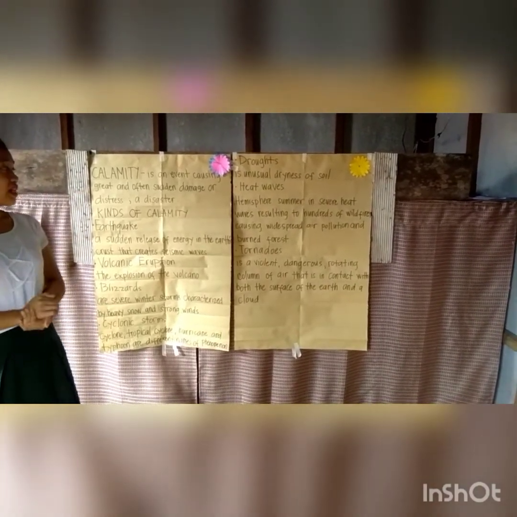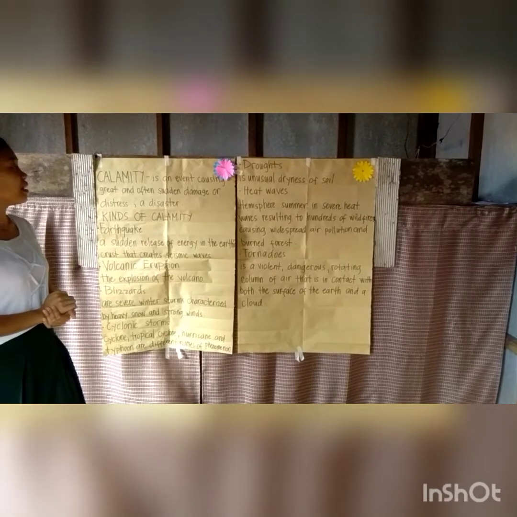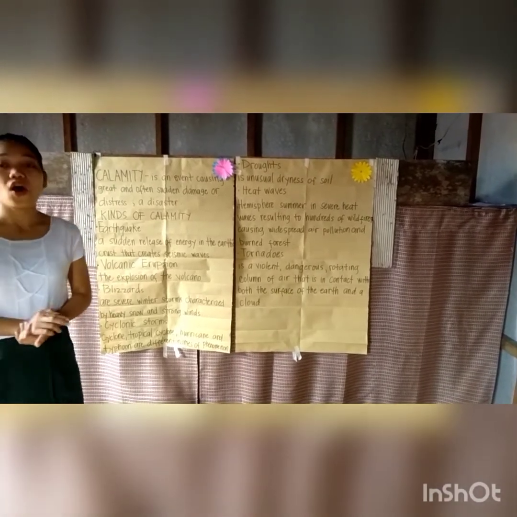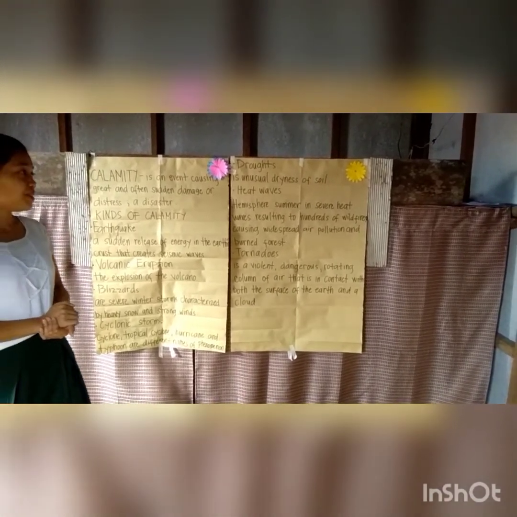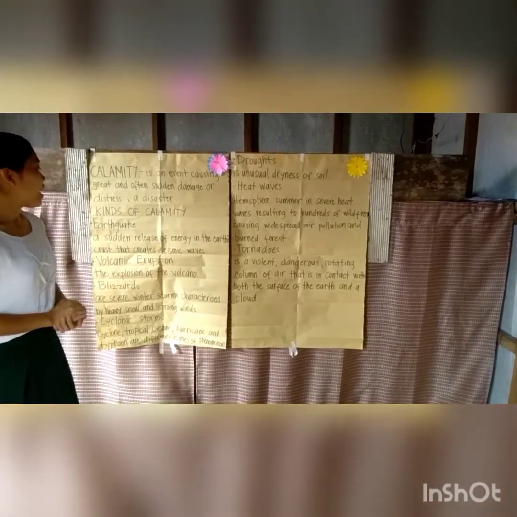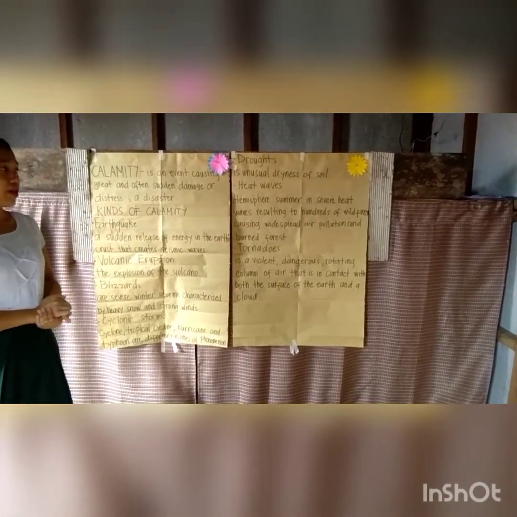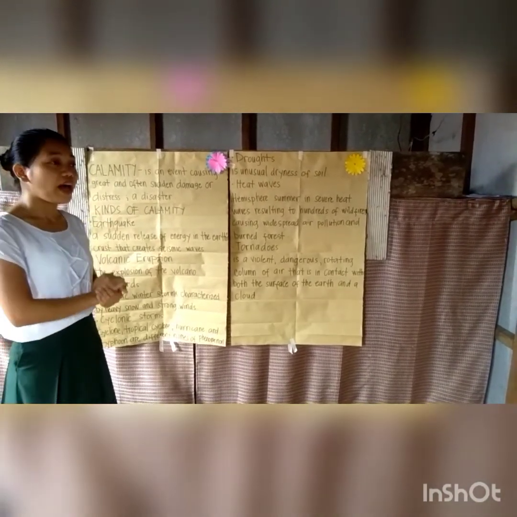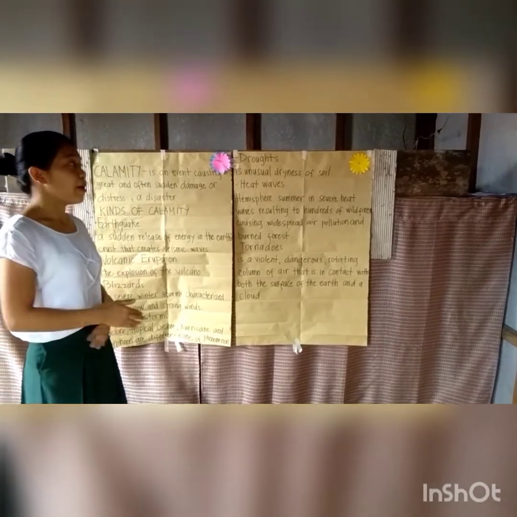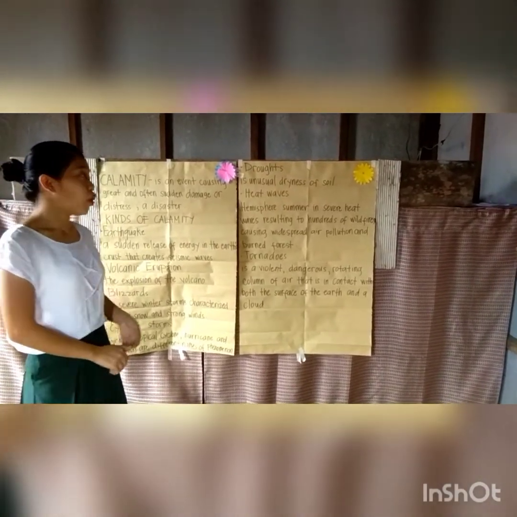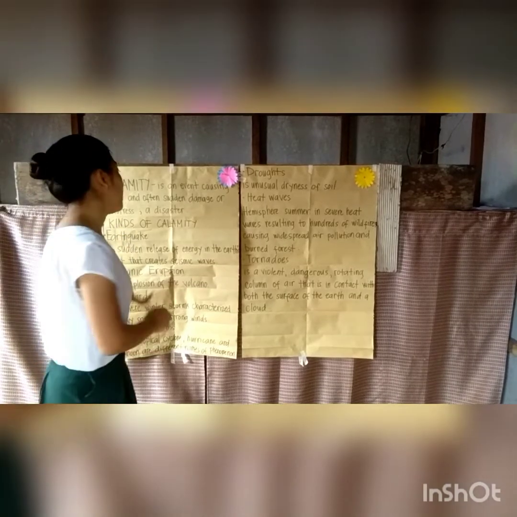Calamity is an event causing great and often sudden damage or distress, or in other terms, a disaster. There are a lot of kinds of calamities, but we will focus on these.